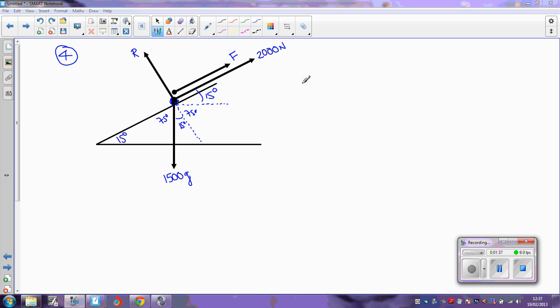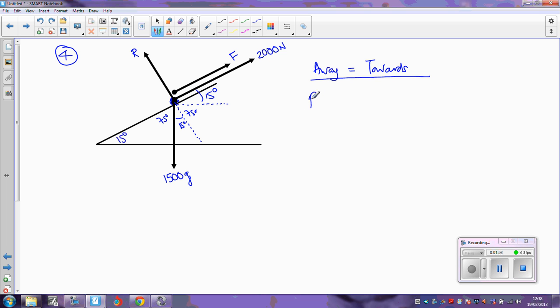Now, I'm being asked to find, first of all, the normal component of the contact force. In other words, I'm going to work out R. And if I consider the fact that the forces acting away from the slope must equal the forces acting towards the slope, that must be the case here. Forces acting away from the slope, all I've got is R. And then acting in towards the slope, I've got the component of the weight, which is acting in this direction, and that's going to be 1500 g cos 15 degrees.